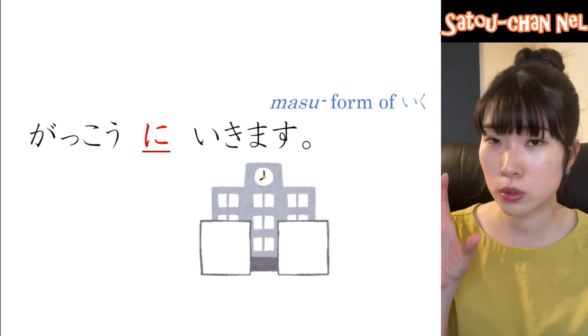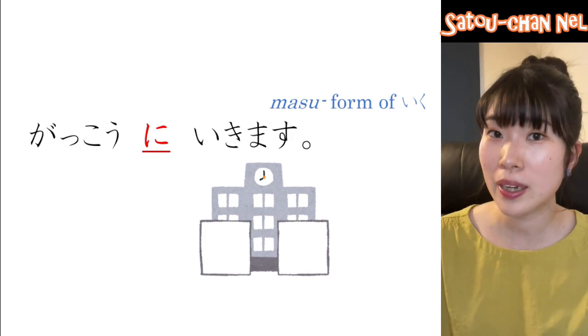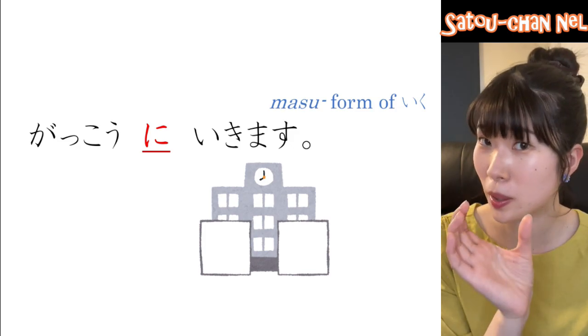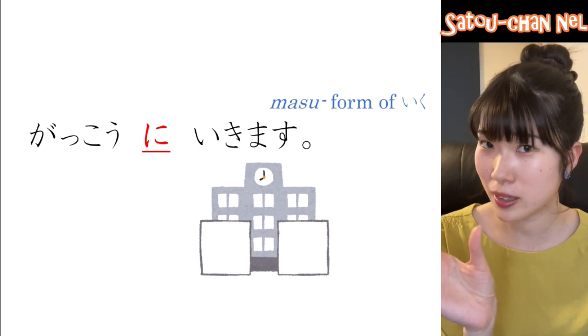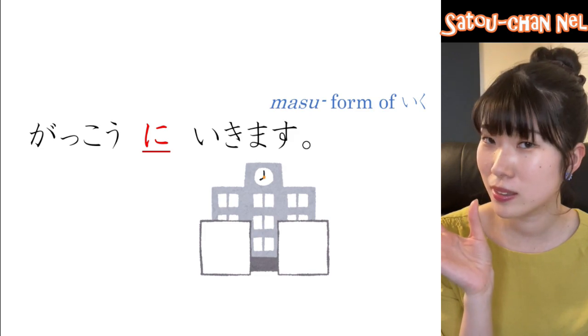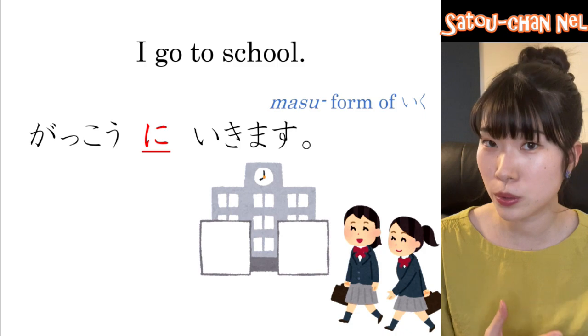So 学校, school, and 行きます, I go. Can you guess what this particle に means here? 学校 is not a time expression. What is it? 学校に行きます means I go to school.